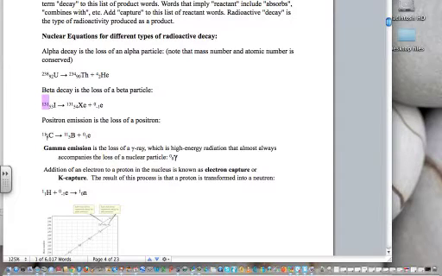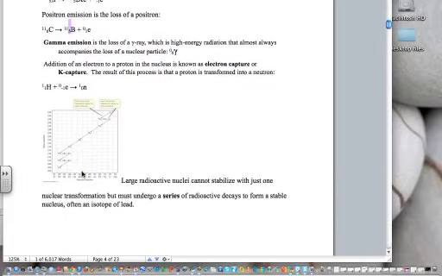Positron emission, you're doing the same. Let's see, you're going from 6 protons to 5, so you're losing a proton. So a proton must be changing into a neutron. Mass number doesn't change, and a positron is emitted as a result of that.